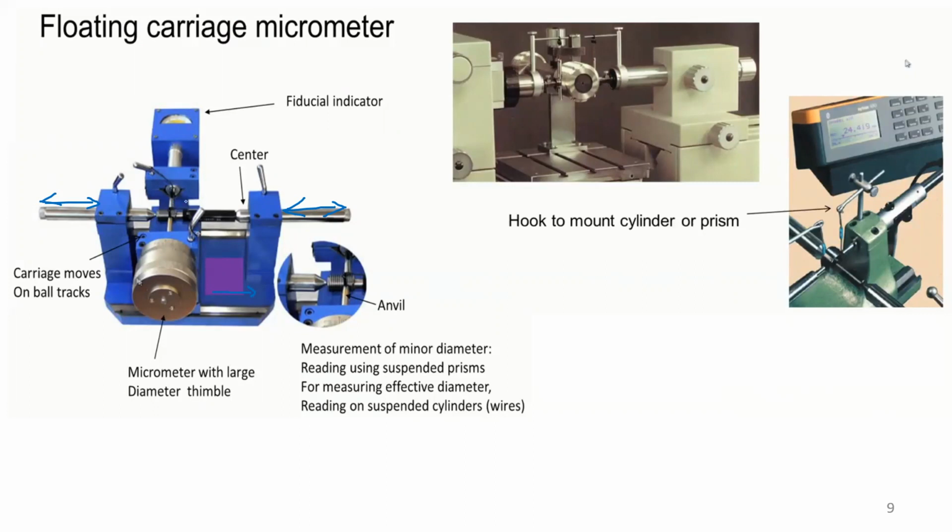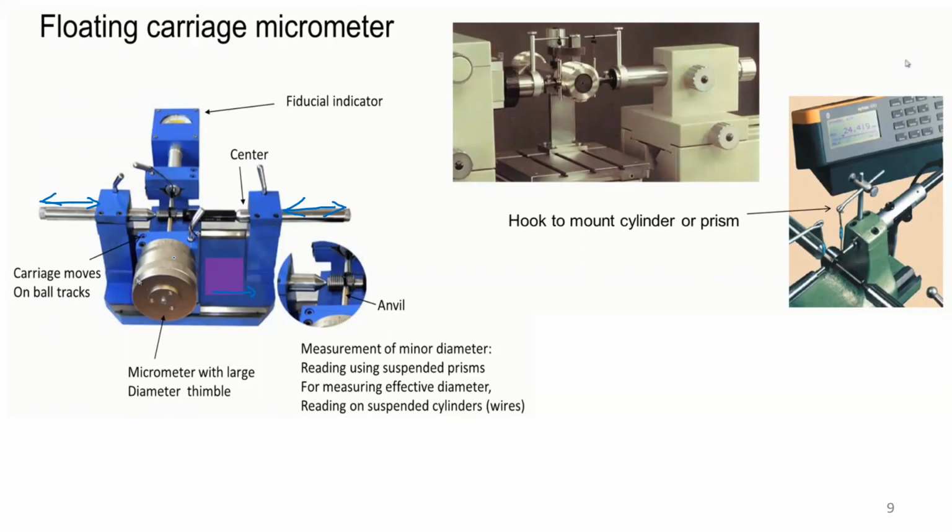Perpendicular to this, we have the micrometer with a large diameter thimble, which can be used to measure either the minor diameter or the effective diameter.